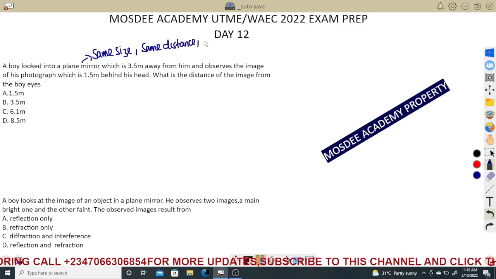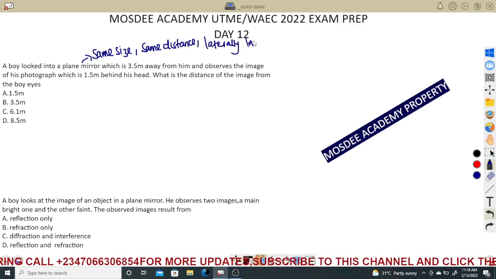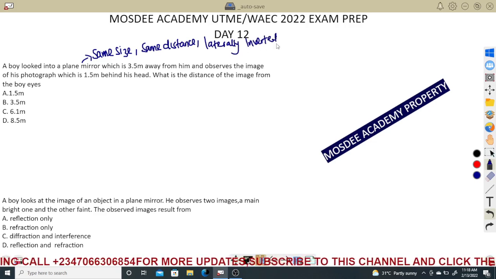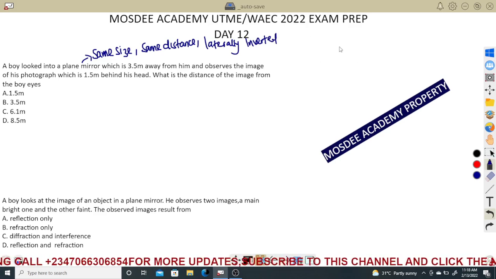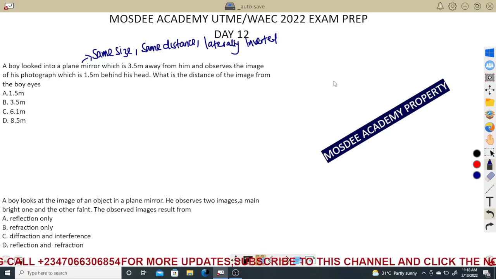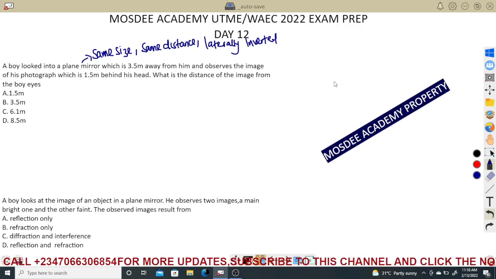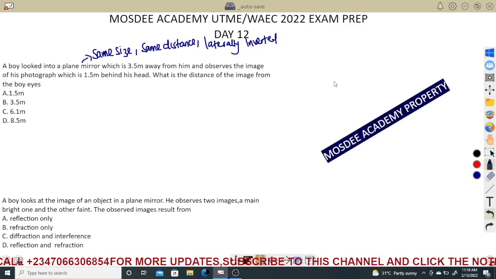It is never magnified. It is laterally inverted. In fact, in junior classes, if I draw a clock showing 9 o'clock in front of a plane mirror, it will turn to 3 o'clock. You can try it out.